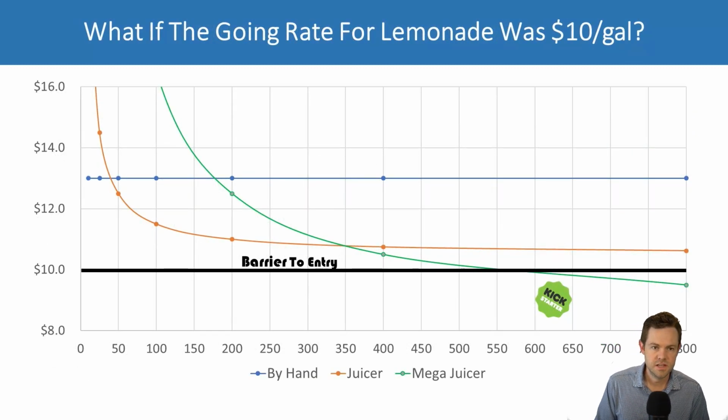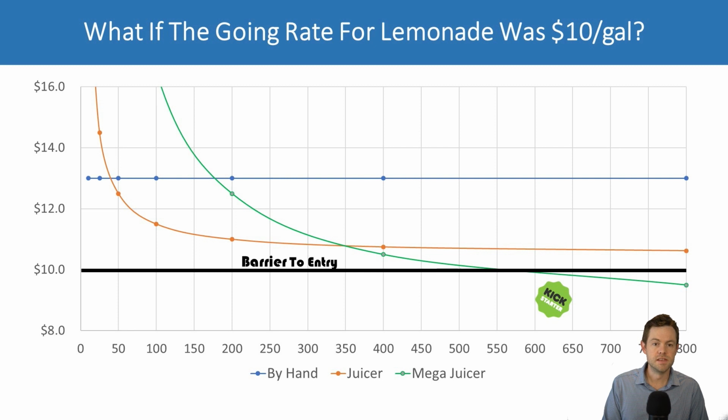So take, for instance, if we change our former example of lemonade to the going rate is now $10 a gallon versus $16 a gallon. Now your scale is such that you have to make 600 gallons of lemonade to be able to have the scale to break even, let alone make any profit.